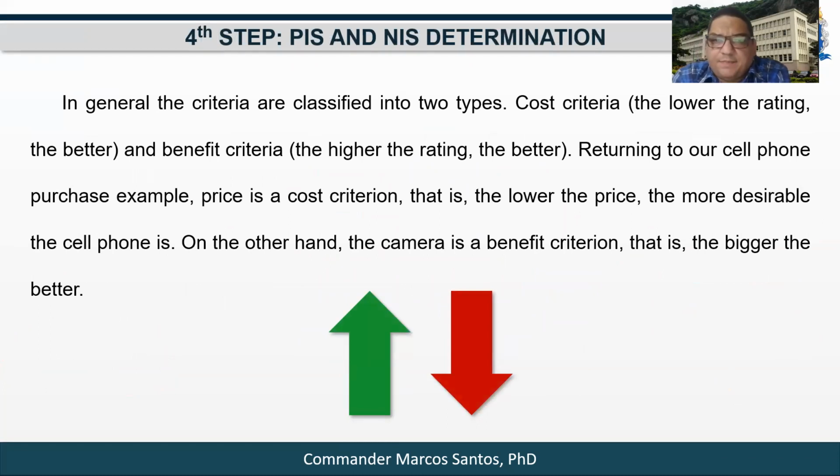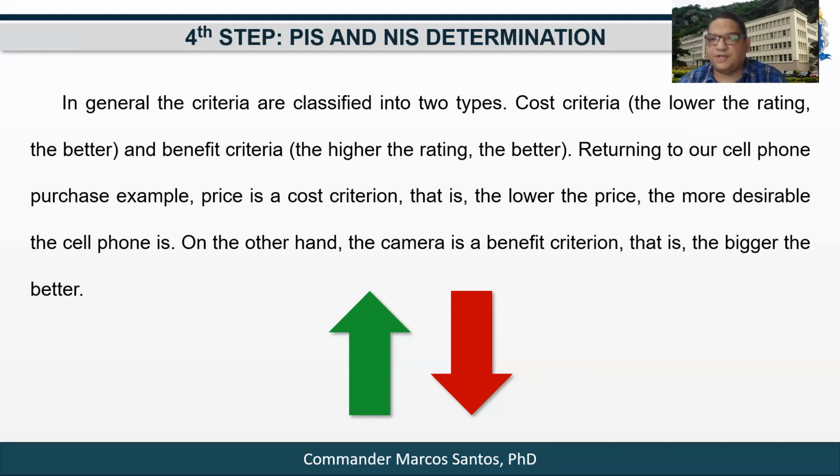Fourth step, positive ideal solution and negative ideal solution determination. In general, the criteria are classified into two types: cost criteria, the lower the rating, the better, and benefit criteria, the higher the rating, the better.